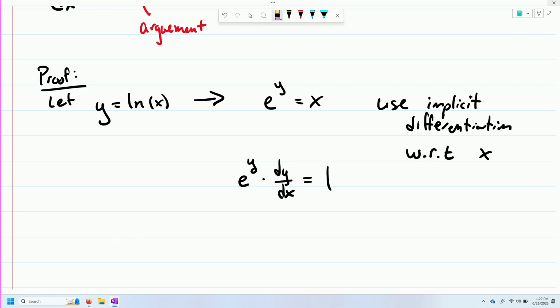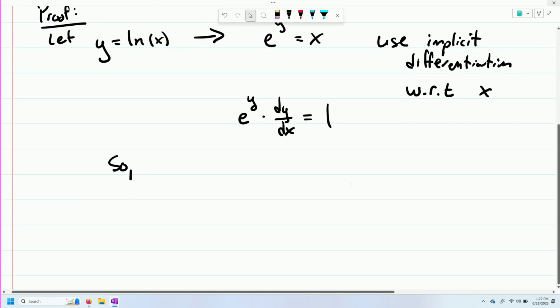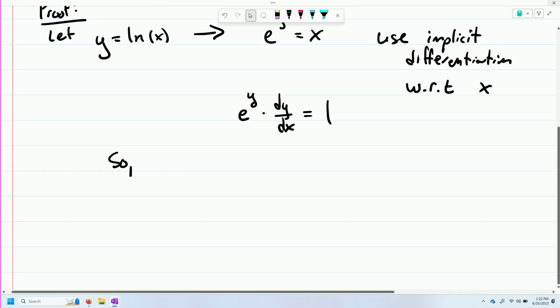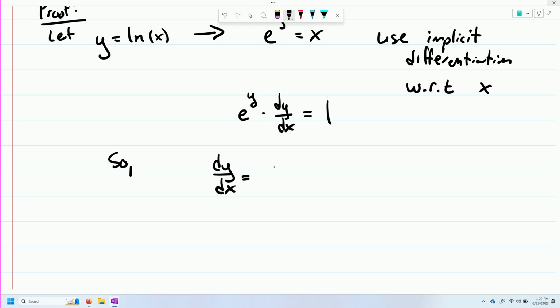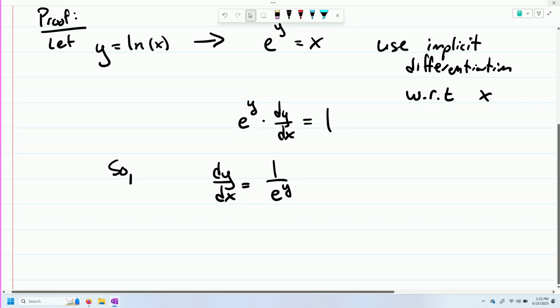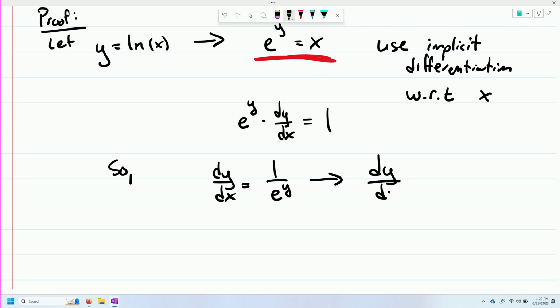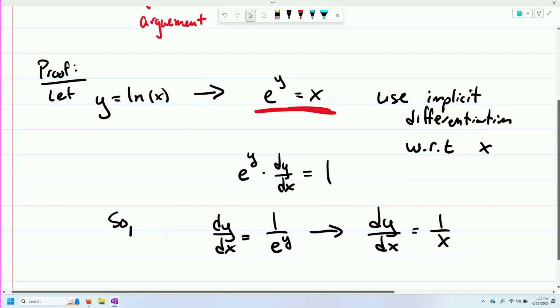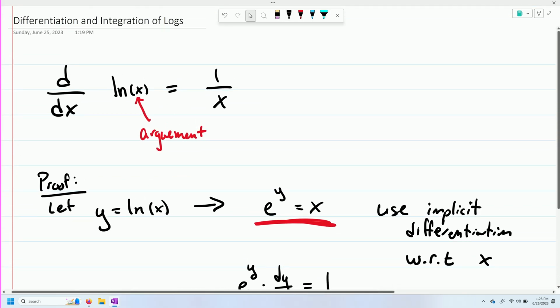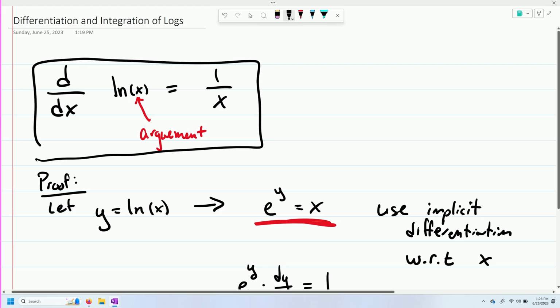So solving this for dy dx, we get dy dx equals 1 over e to the y, but we know from up above, e to the y is equal to x. So dy dx is equal to 1 over x, which is exactly what we said all the way back up here. So it's a really easy proof when you think about it.